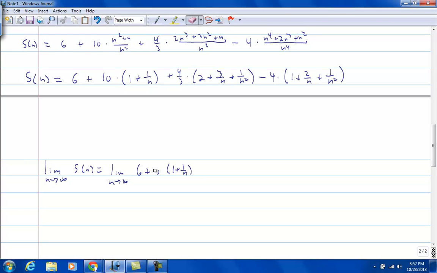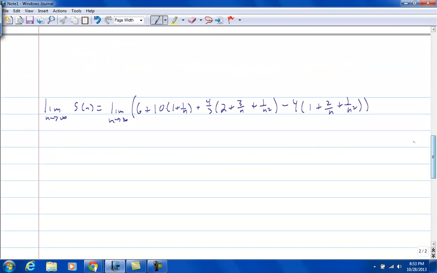I don't like the way that looks. 10 times, plus 4/3 times 2 plus 3 over n plus 1 over n squared, minus 4 times 1 plus 2 over n plus 1 over n squared.